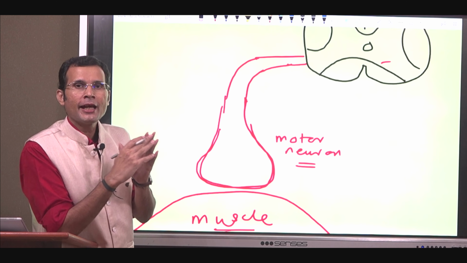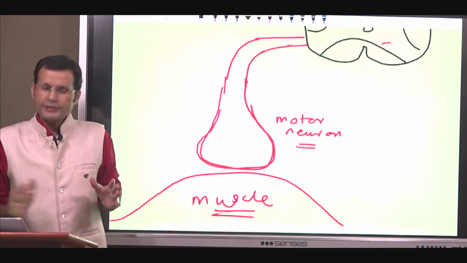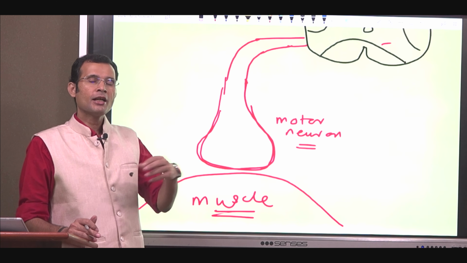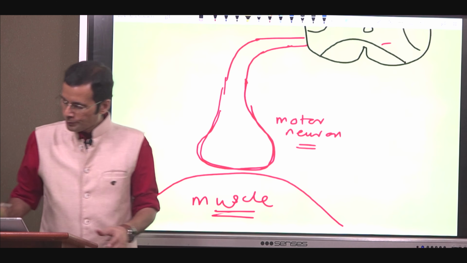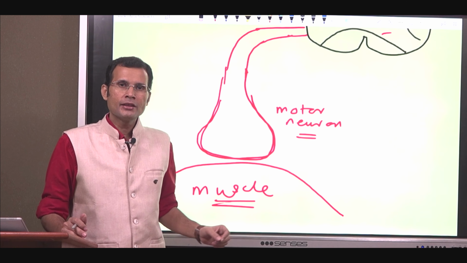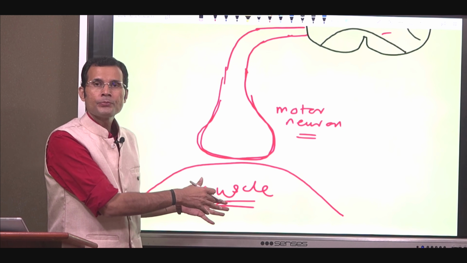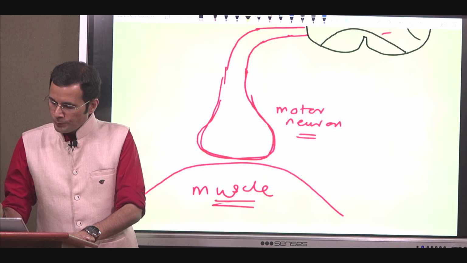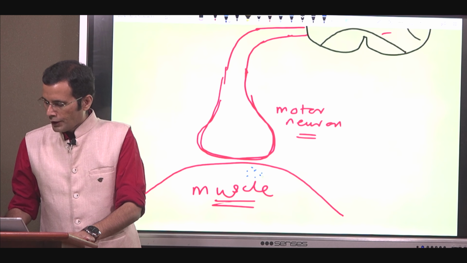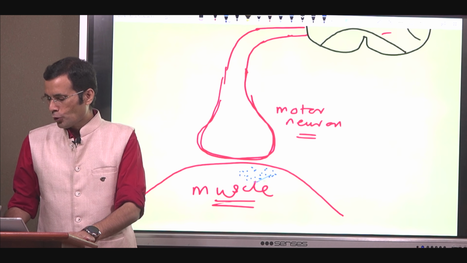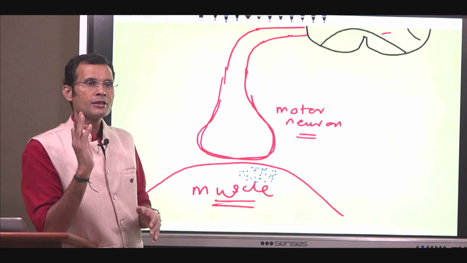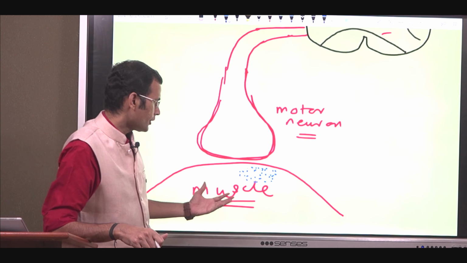Now listen to this part carefully. Let's say there was an injury, a wound was created, and it's a dirty, unclean type of wound. So tetanus bacillus gains entry into the body, into the muscle via that wound. Tetanus bacillus is also known to produce the toxin. So either we are talking about the tetanus bacillus or the toxin.